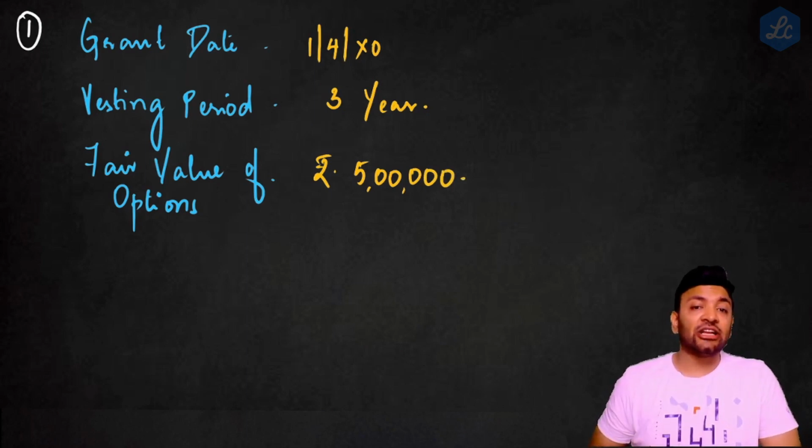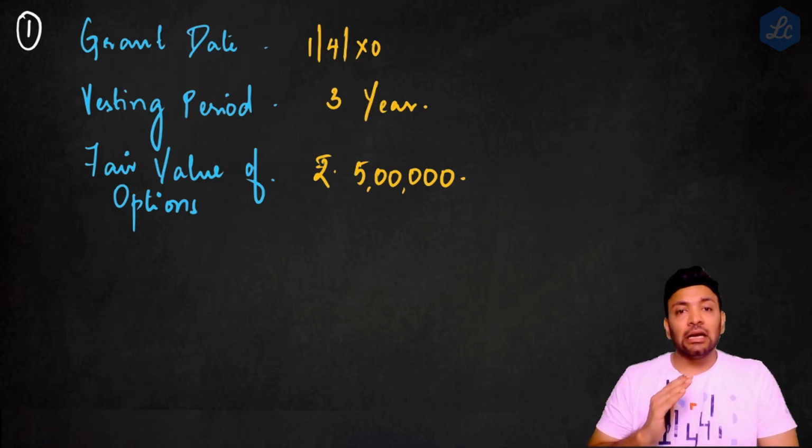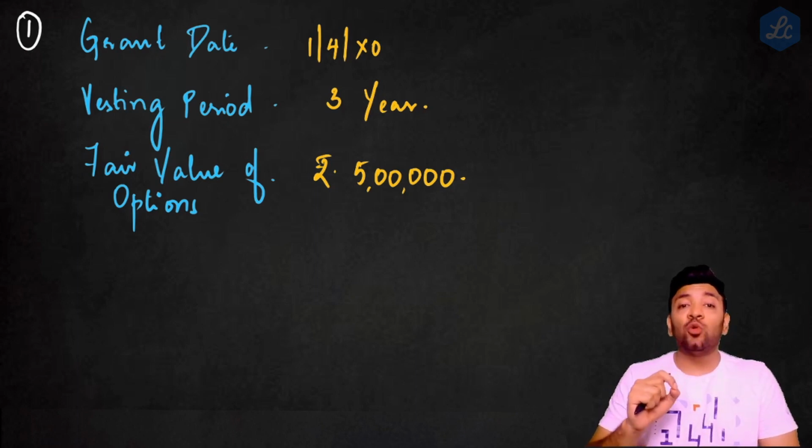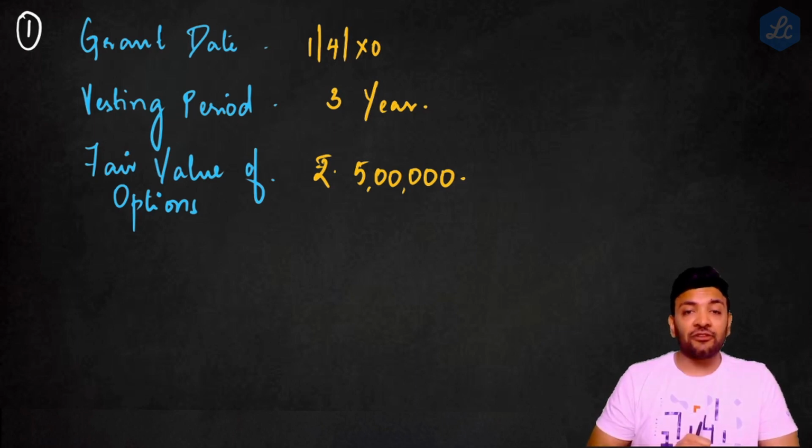Vesting condition is continuous employment. Vesting period is for 3 years. At the end of 3 years, 5 lakh is the fair value of the options which are expected to vest. But now, if I have to recognize a provision regarding the share-based payments, then I will be doing it at the end of each year. What is the end of each year for you?